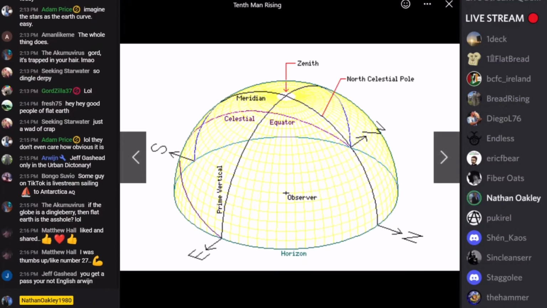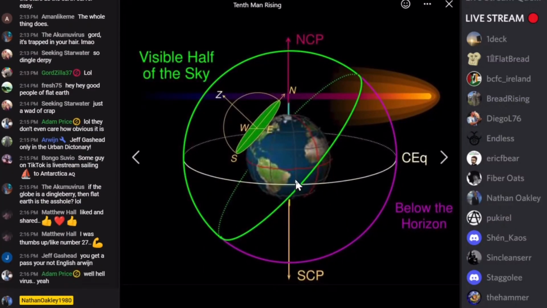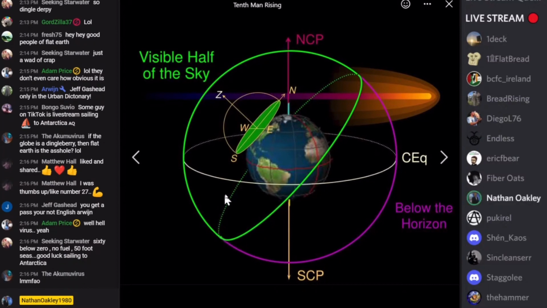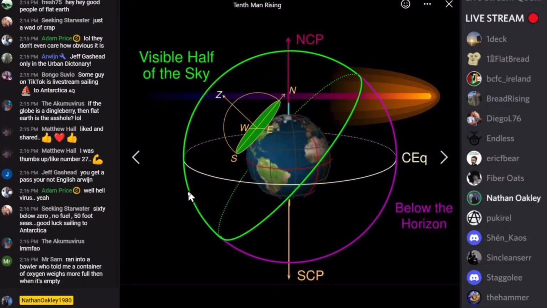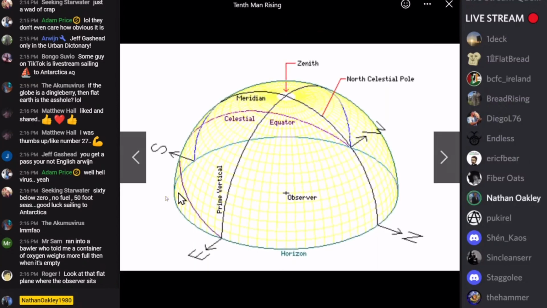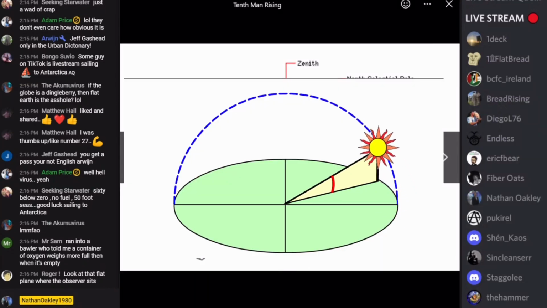Now, when we move over to this depiction, the representation that was actually given to you is the secondary side slanted dome of the sky. So this green dome here is the actual representation of this dome of the sky, right?